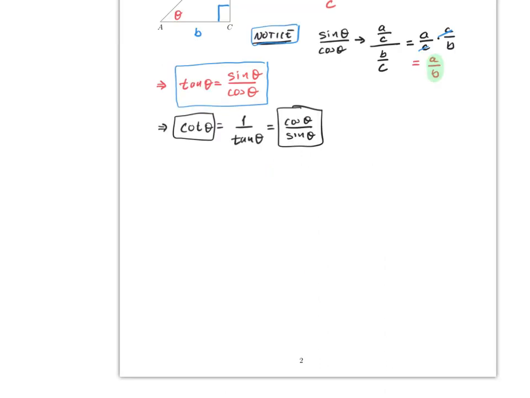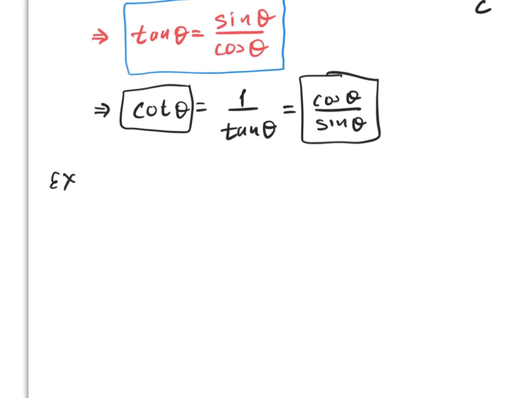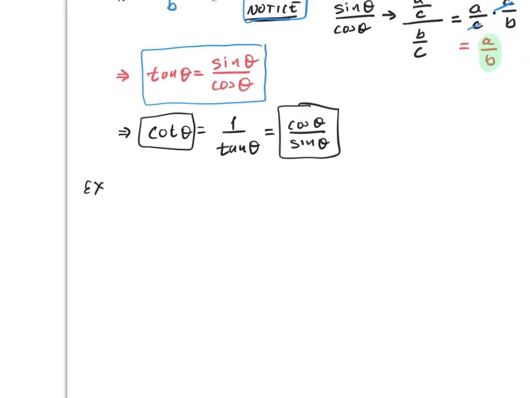So for example, let's say that they tell you the sine of theta is equal to 1 over radical 5, and cosine of theta is equal to 2 over radical 5.